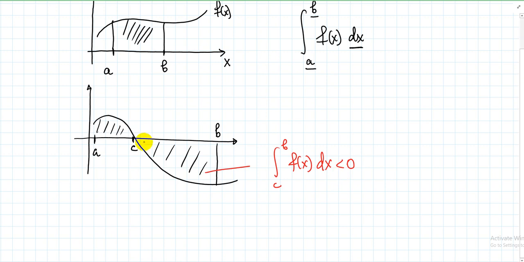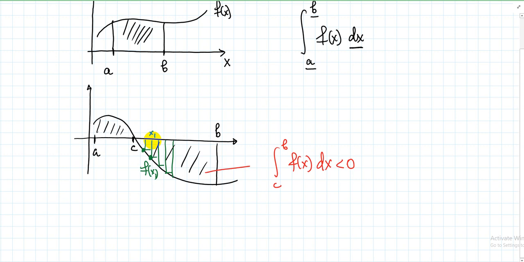We divided this into many small rectangles, right? The heights of the rectangles were just the value of the function at this point, right? For example, if this is x1, this is f of x1. Obviously, if your function f is below the x line, f of x1 will be a negative value, right?